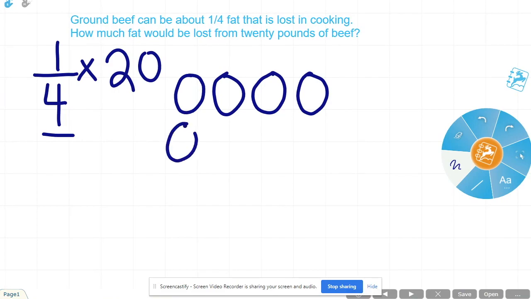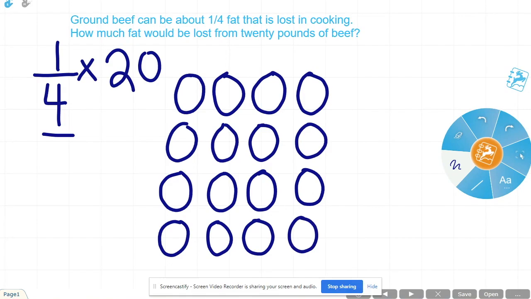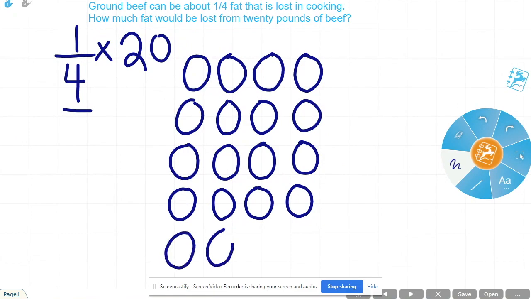So I have 5, 6, 7, 8, 9, 10, 11, 12, 13, 14, 15, 16, 17, 18, 19, 20. So I have my 20 counters, and my fraction says 1/4 of this 20.